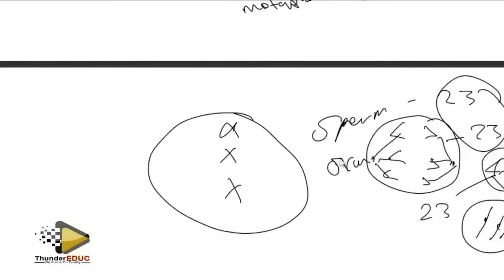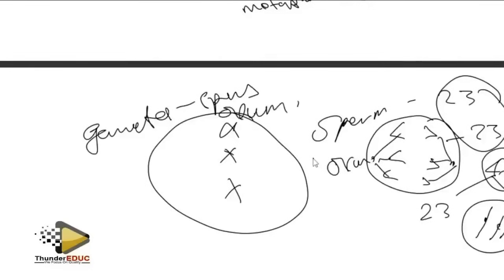Number two, the major importance of meiosis is to produce gametes. Gametes, these are the sperms and ova or ovum. Number three, where does meiosis take place?